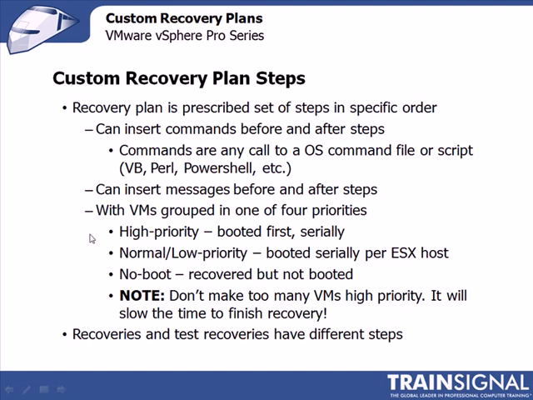A key feature of the recovery plan is that the virtual machines can be grouped by the priority in which they should be recovered. There are 4 priorities that a virtual machine can be: high, normal, low, and a no boot priority, or a virtual machine that doesn't boot up. The high priority virtual machines are booted first in a serial fashion.